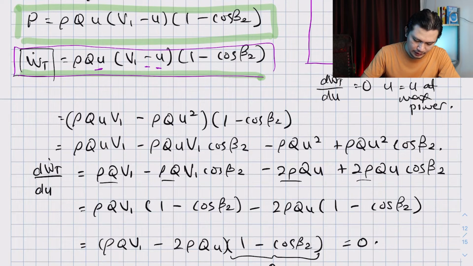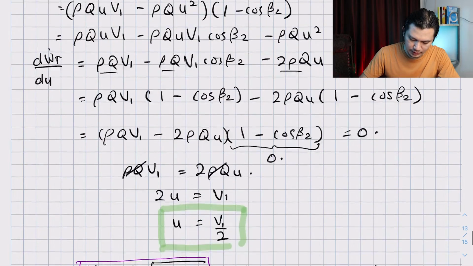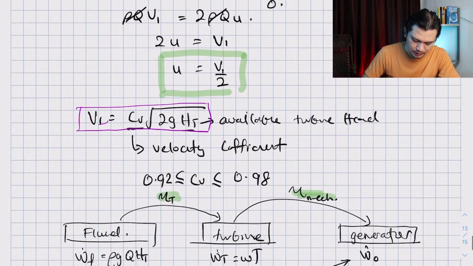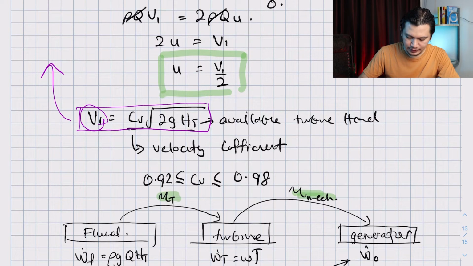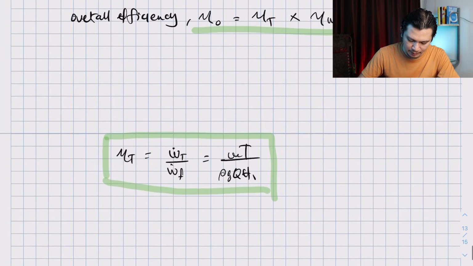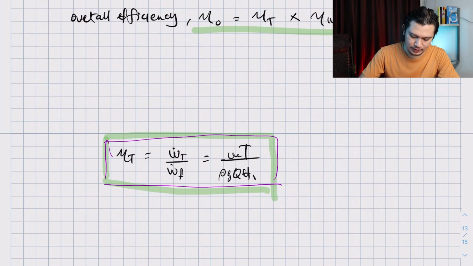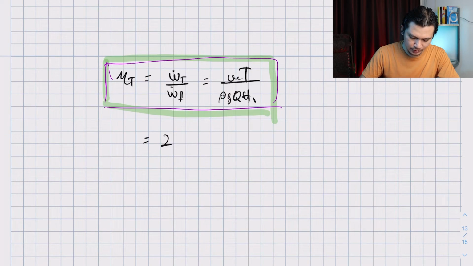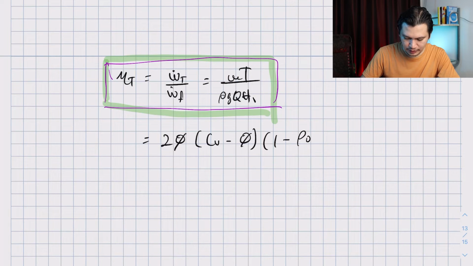Remember that you have V1 there, right? And I'm going to use this V1 and put it in that equation, right? And in that equation, coming back to this equation, I will end up with something that looks like this. This is now 2 phi times C V minus phi, 1 minus cos beta 2.